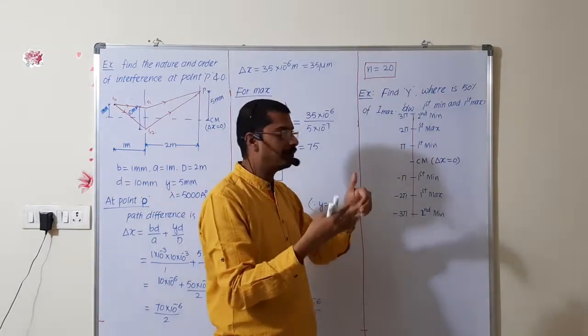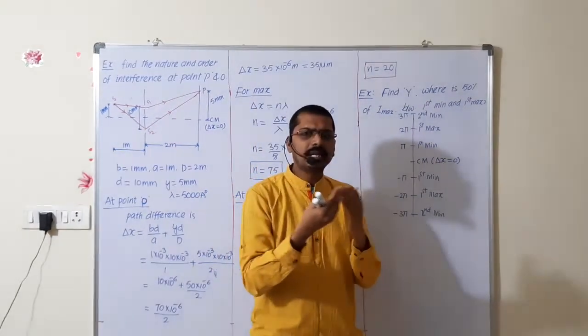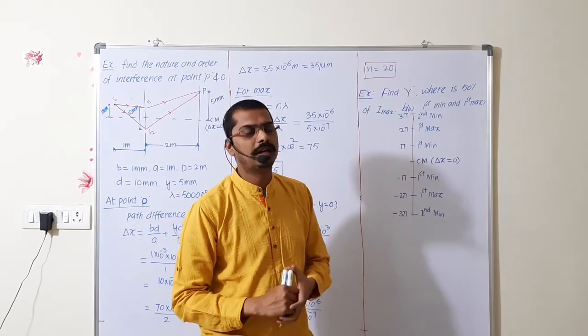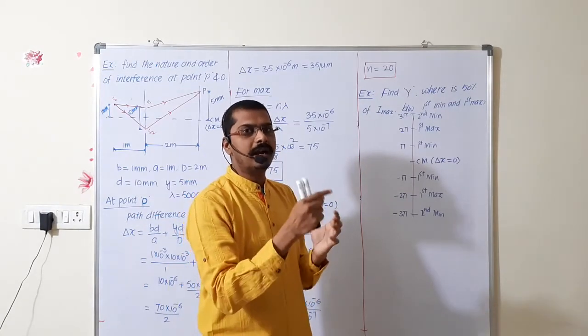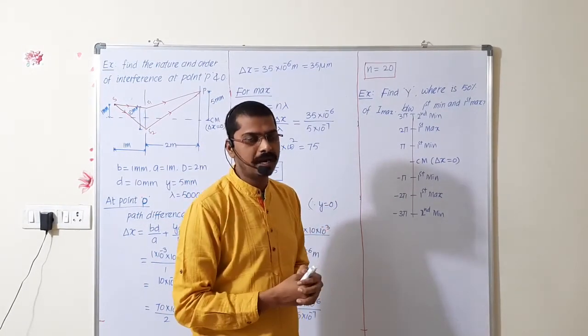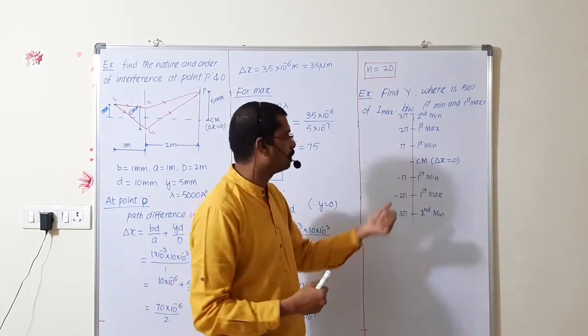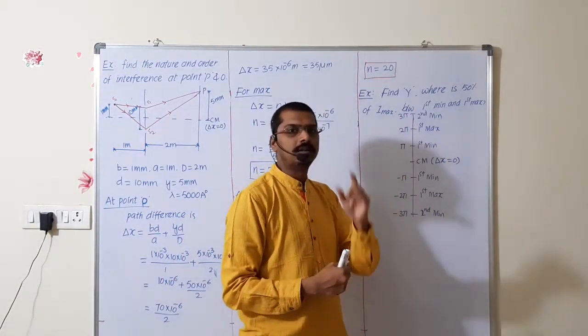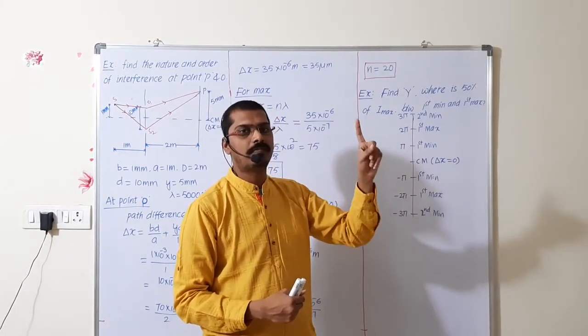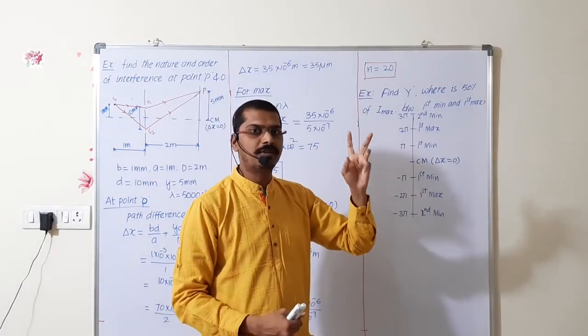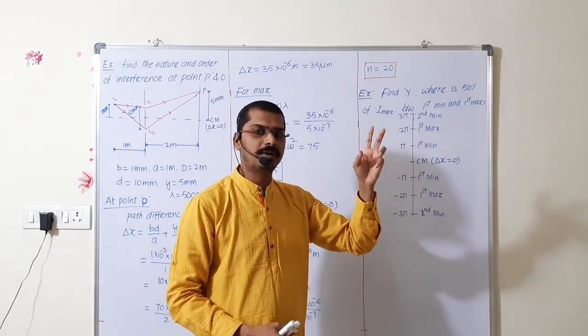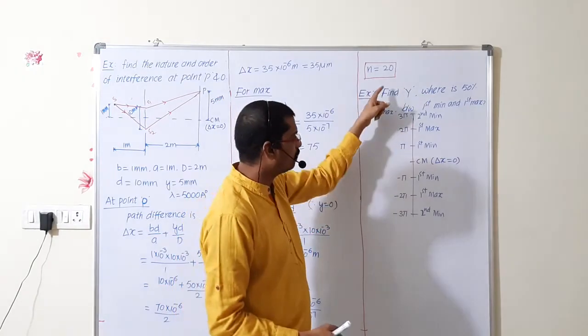For the phase difference, if you take the minima, it will be (2n minus 1) times pi, with n equal to 1, 2, 3. That gives pi, 3 pi, 5 pi, 7 pi, 9 pi and 11 pi. Odd numbers it will form.